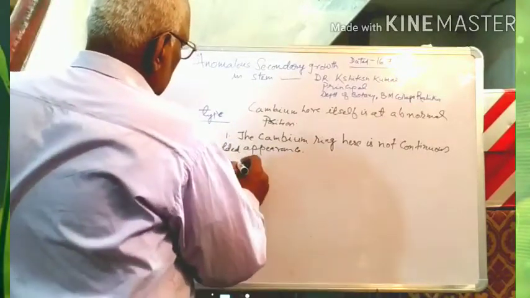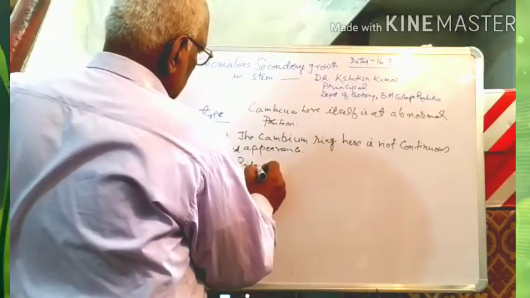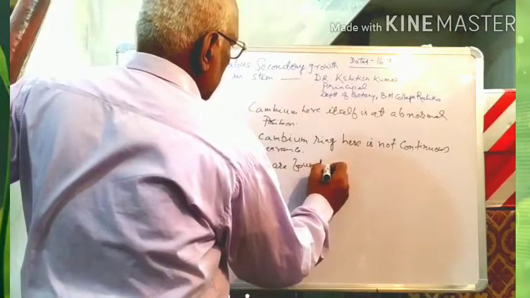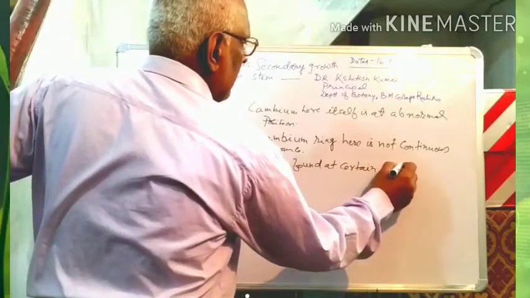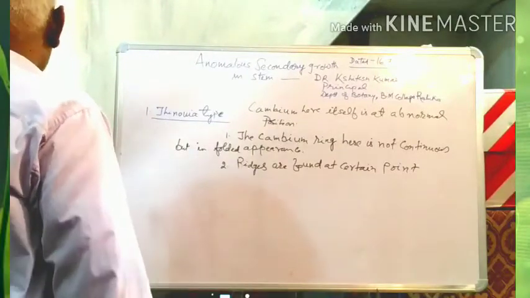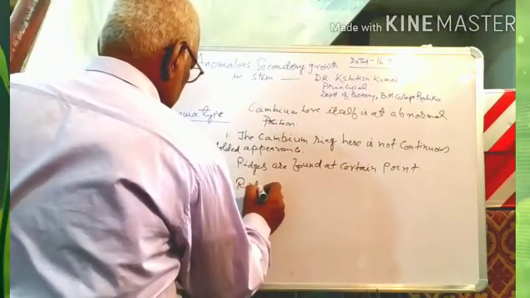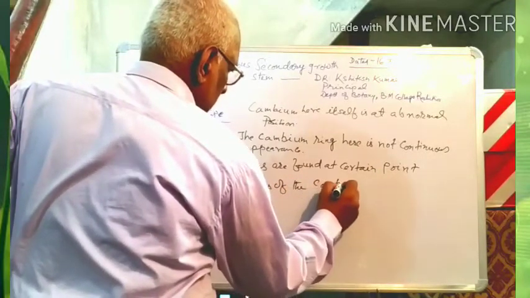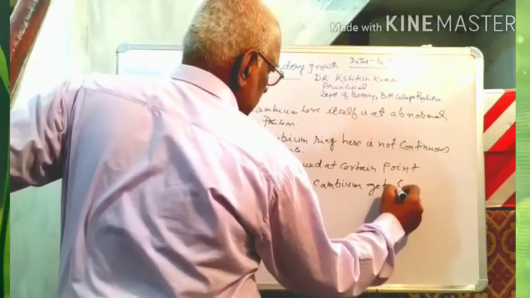it is thrown into ridges at certain points. What happens is that these ridges of the cambium get separated.